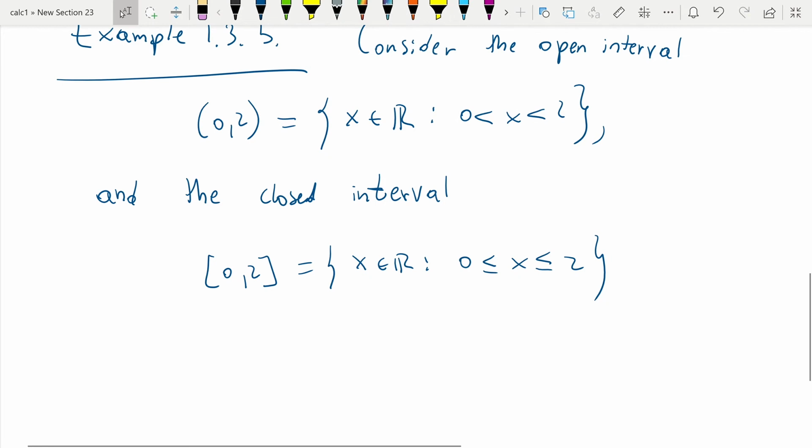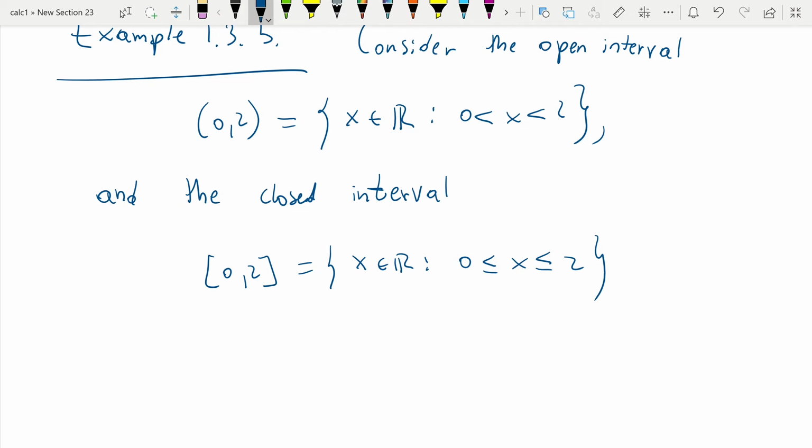Well, the closed interval contains both 0 and 2. Just a quick reminder of what this way of defining sets actually says. In order to test whether a number belongs to the set, we need to see if the proposition inside the brackets is satisfied.